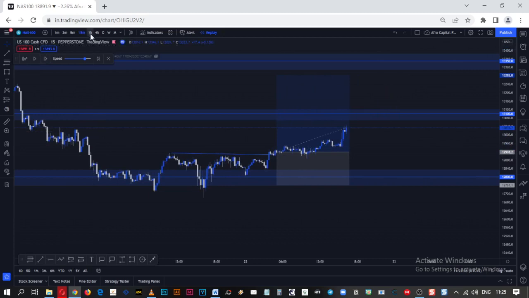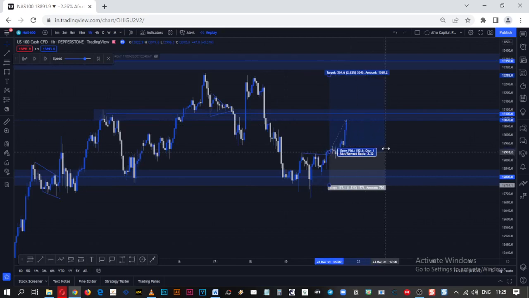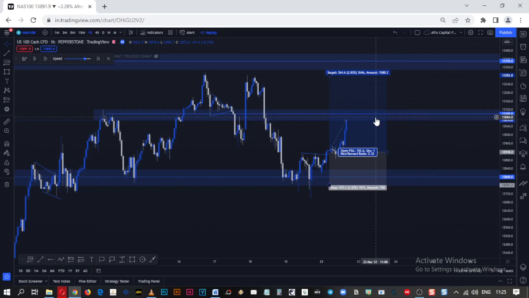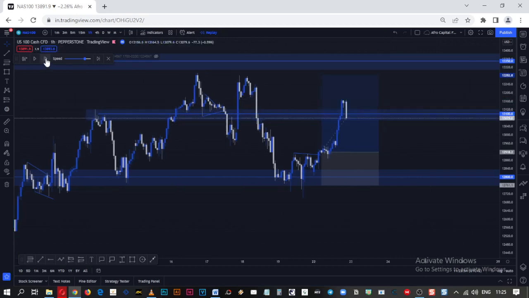Let's put 1 hour so we can see if this key level is going to hold. Didn't hold. If it doesn't hold, I'm just taking it out.